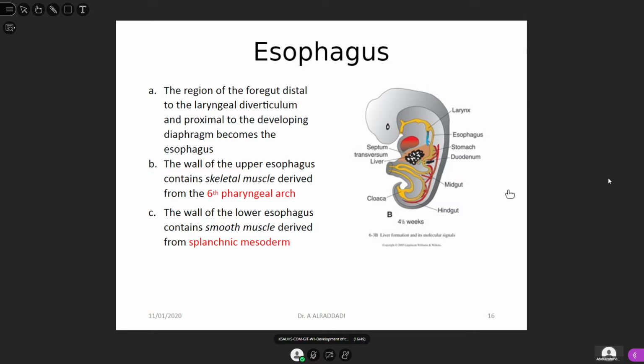Which germinal cells form the sixth pharyngeal arch? Okay, search for this question.